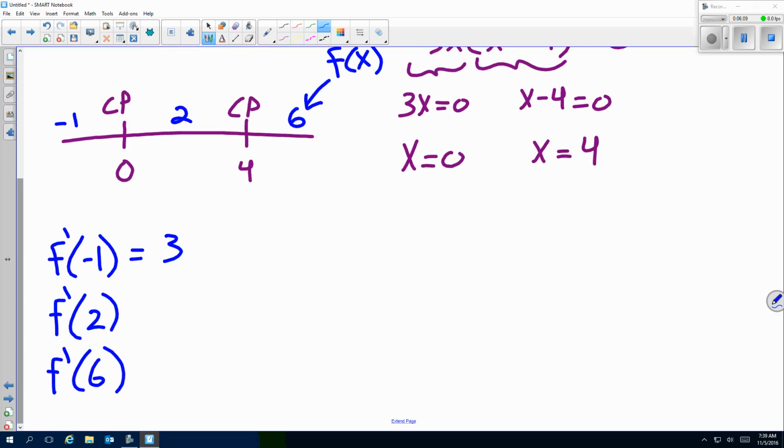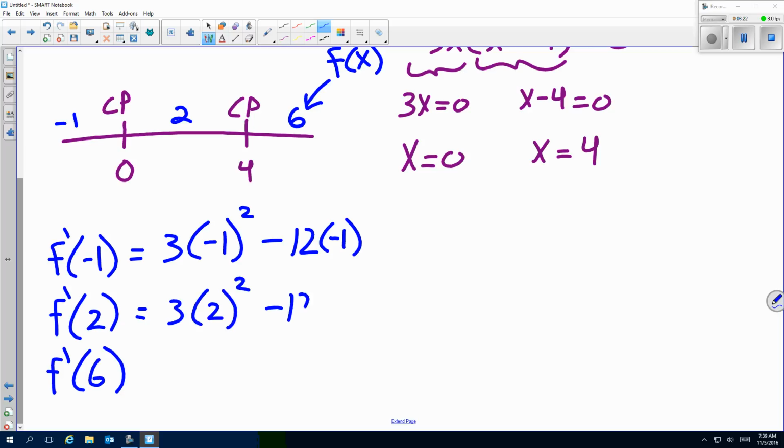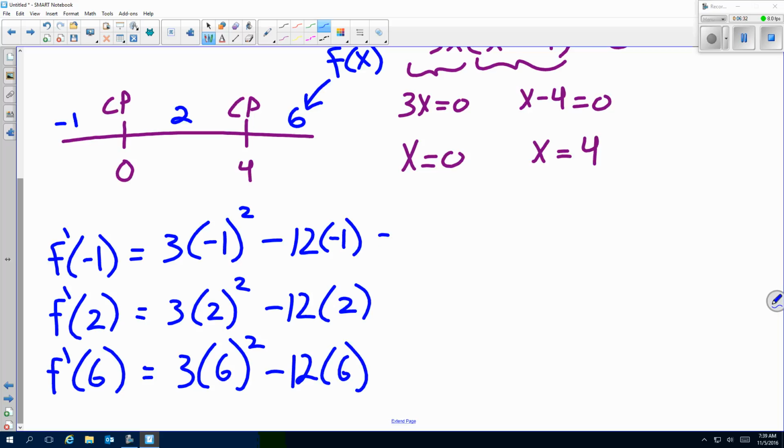That's going to be 3 times negative 1 squared minus 12 times negative 1. This over here would say 3 times 2 squared minus 12 times 2. And this down here would say 3 times 6 squared minus 12 times 6. Okay? Let's go through and solve all these.